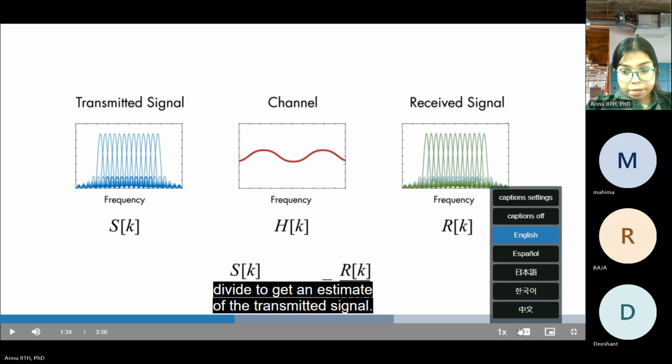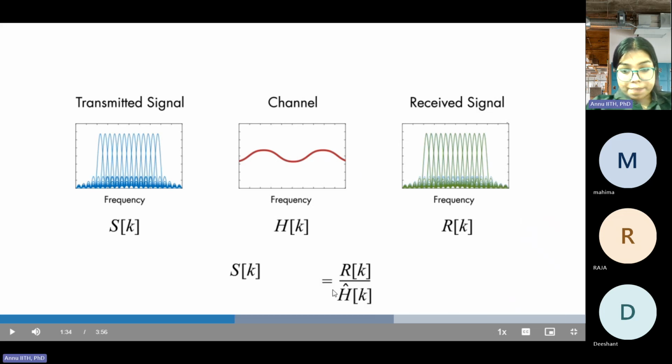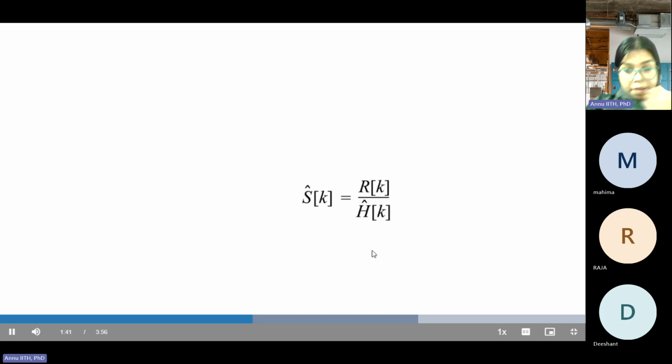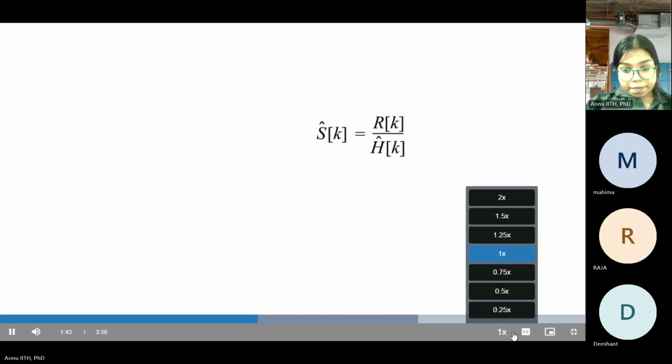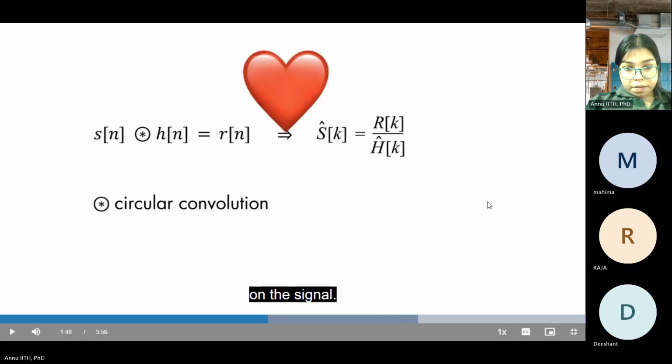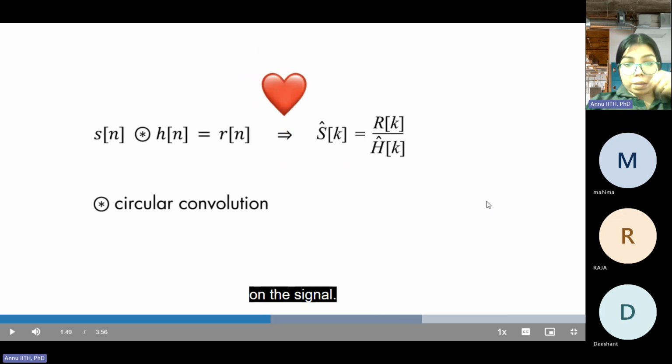So SK is simply RK divided by HK. That will create the estimate of the transmit signal. Now, this easy implementation will only hold when we have circular convolution in the time domain.